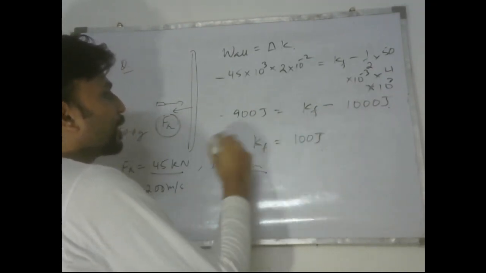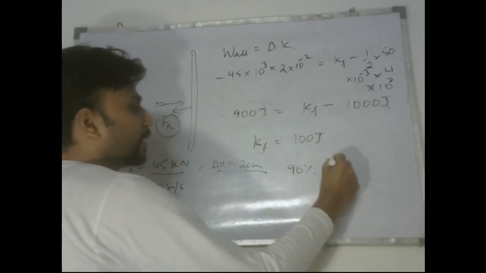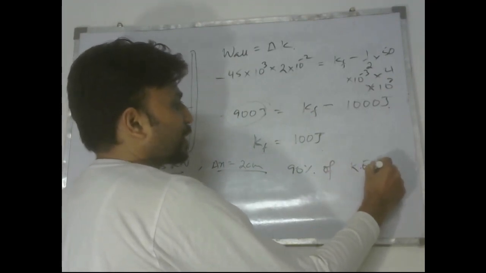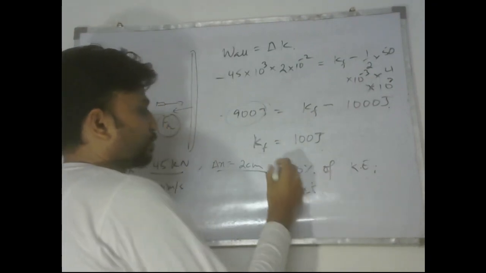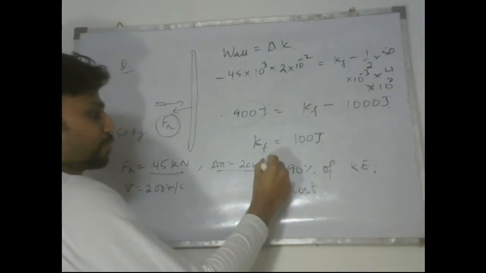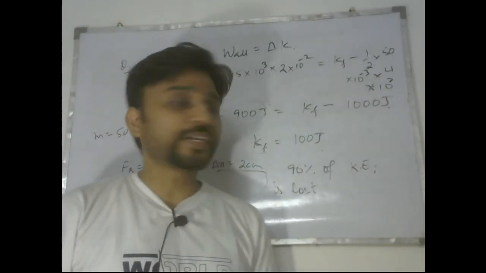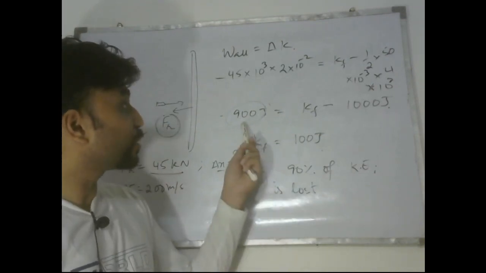So we can say that the bullet has lost 90% of its initial kinetic energy. The initial kinetic energy was 1000 joules, and 900 joule of energy is lost.